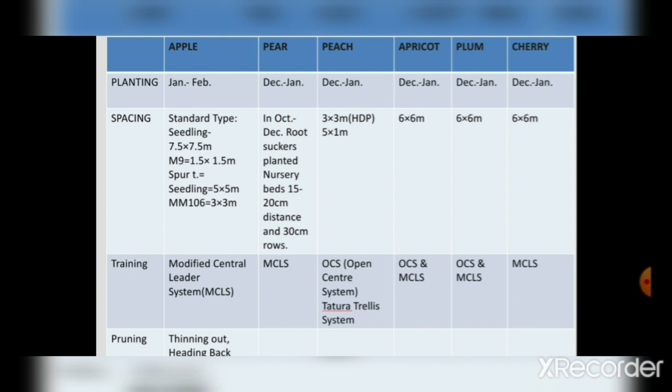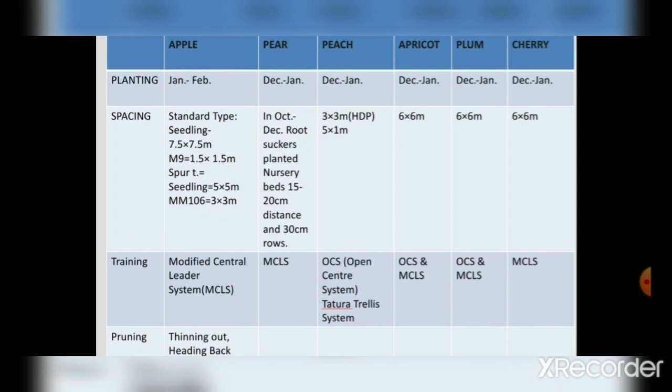In case of pear, the rootstocks are planted in October-December. Nursery beds should be 15 to 20 centimeters distance and 30 centimeters row. Then comes the peach. For high density planting, the spacing will be 3 into 3 meters and normal will be 5 into 1 meters. For apricot, plum and cherry, all these have spacing 6 into 6 meters.